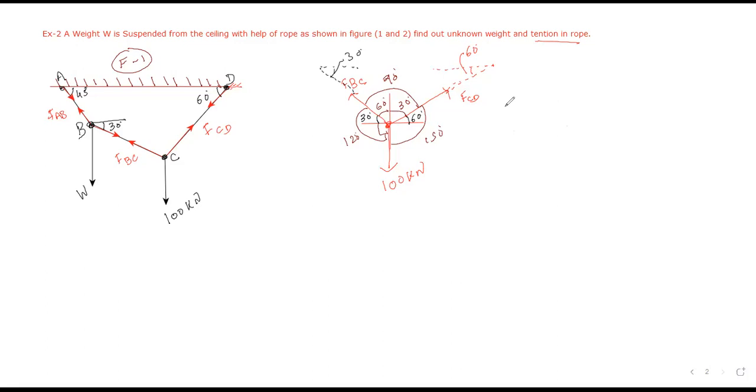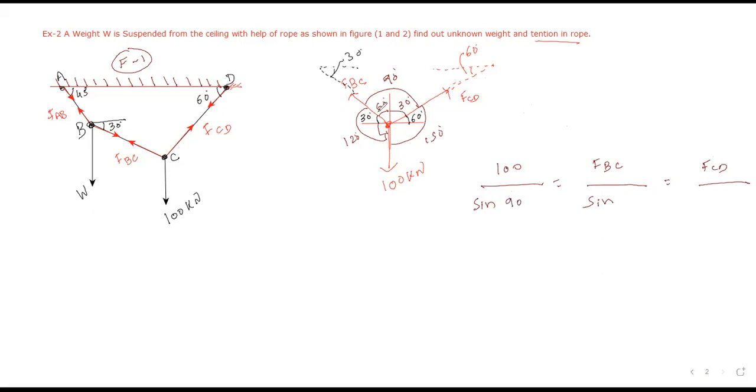Okay, fine. Same process: first write the forces, 100 equals FBC equals FCD. Now apply the sine rule. Consider the two forces other than 100. What is the angle between them? 90. Right. So can I write 100 divided by sin 90?